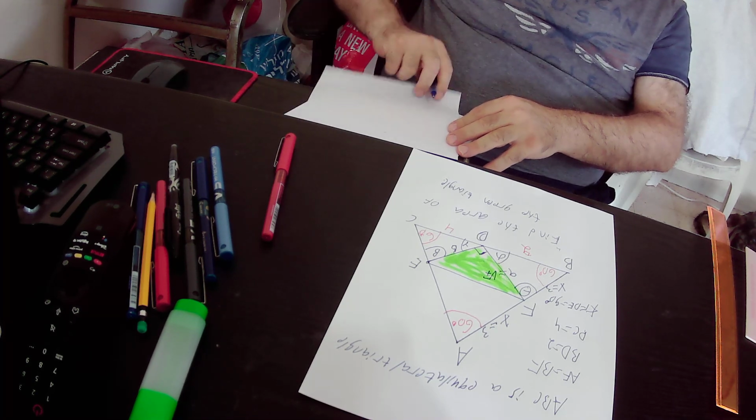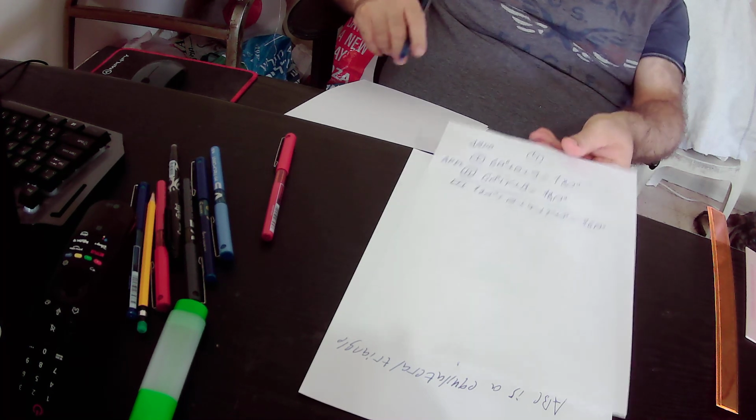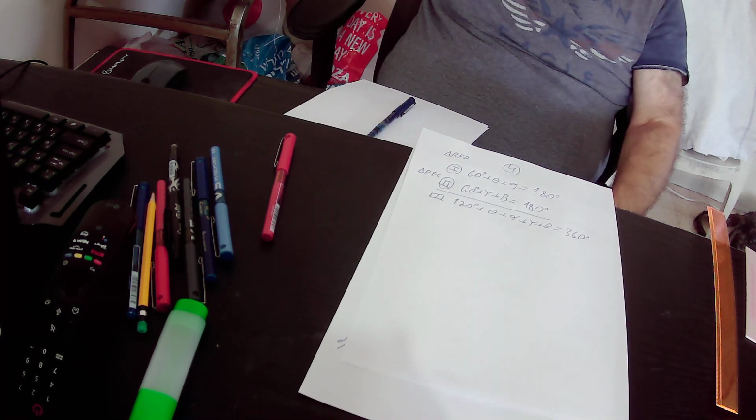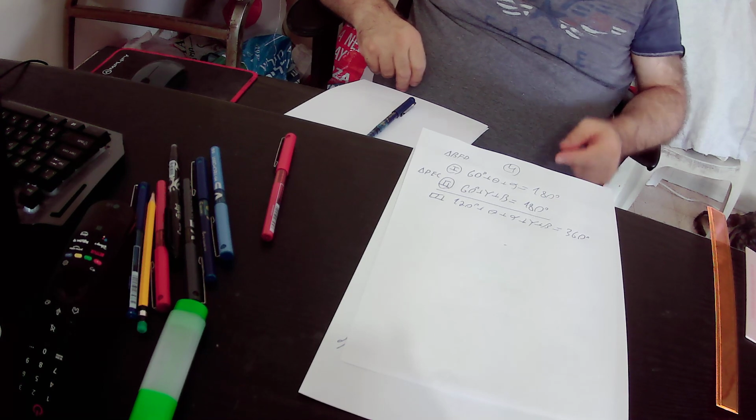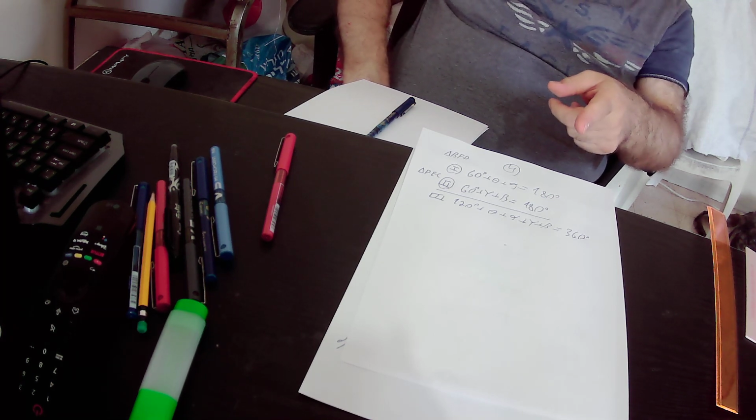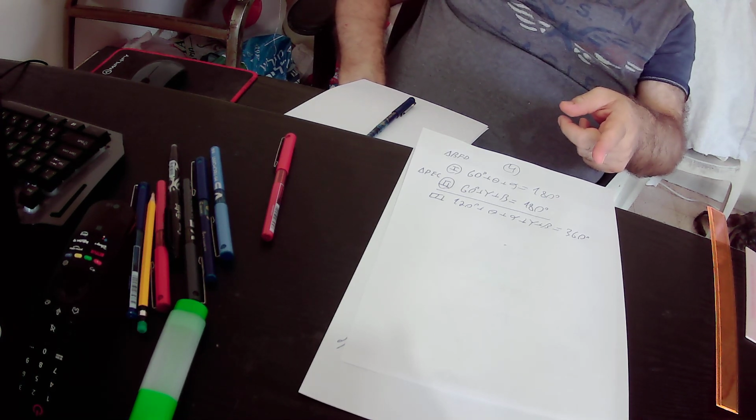So in total we got that 120 degrees plus theta plus alpha plus gamma plus beta equals 360 degrees.